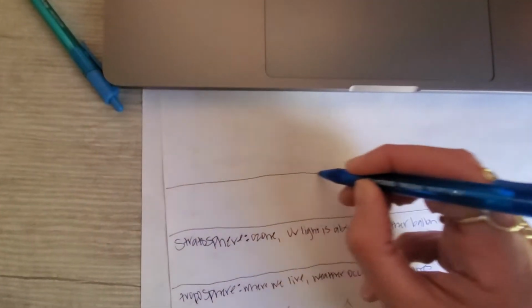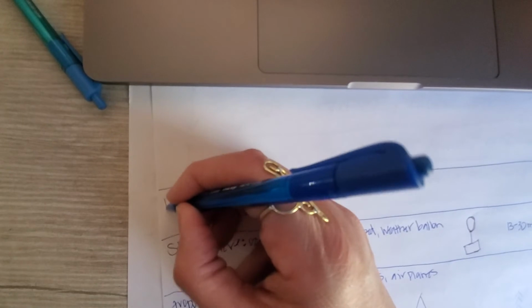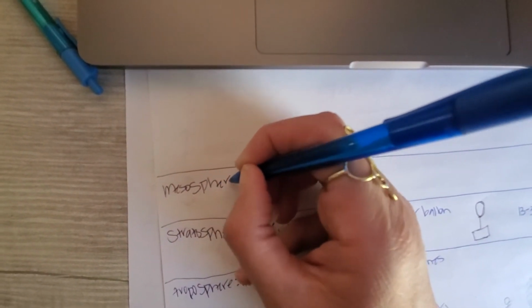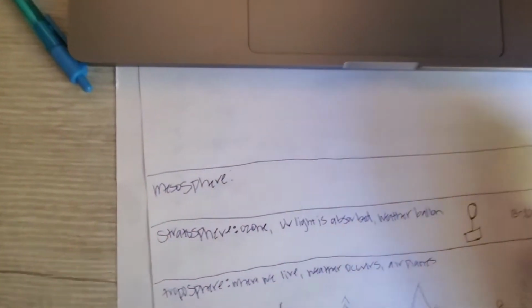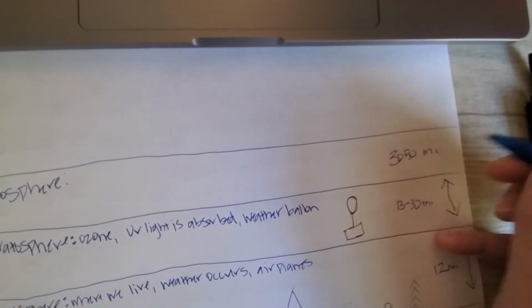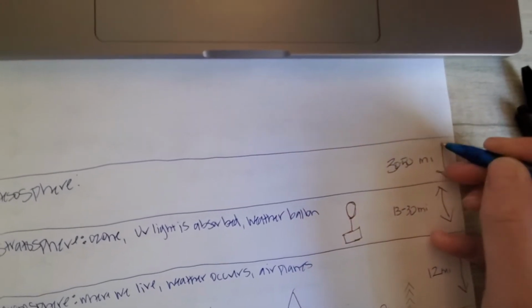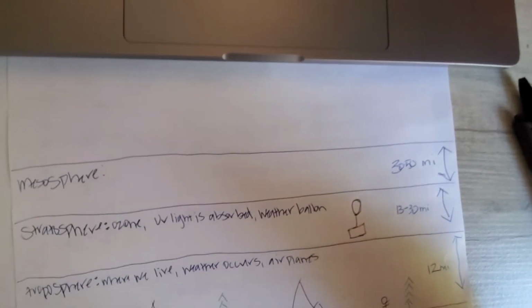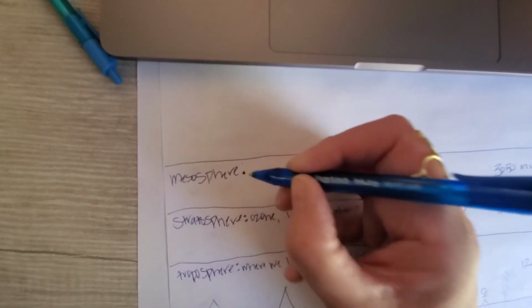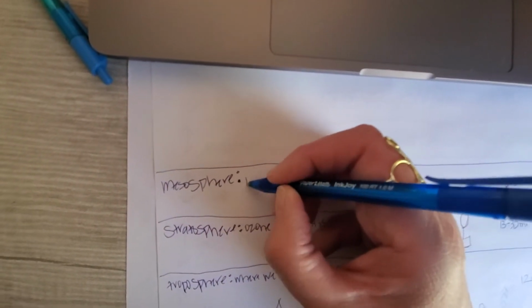We have mesosphere, 30 to 50 miles. Okay, in the mesosphere, this is where meteors burn up.